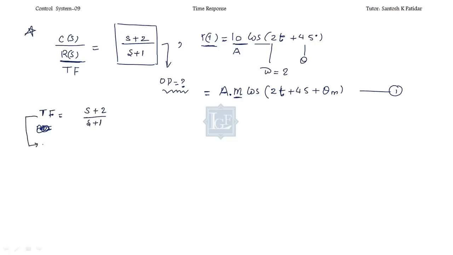You need to calculate the magnitude of this transfer function. The magnitude of this transfer function will be the magnitude of (s plus 2) divided by (s plus 1), isn't it? So it will be the square root of (omega square plus 4) divided by the square root of (omega square plus 1).